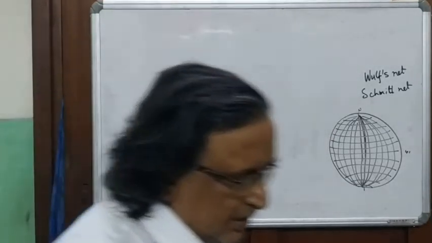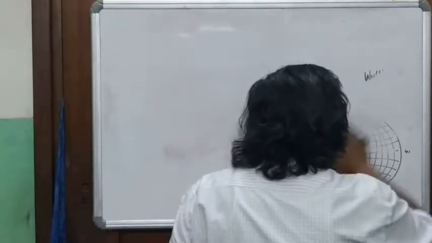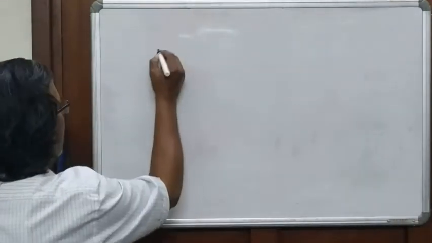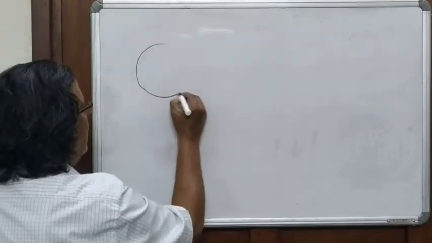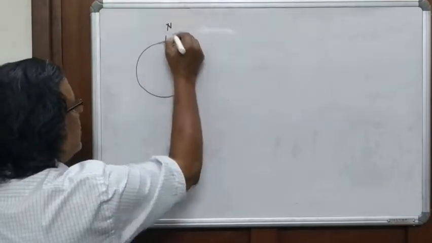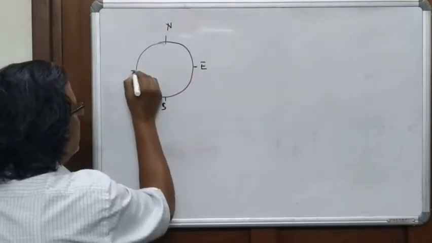You read about it, and I will tell you a little bit of the basics here. Now, very simple things first. As I told you, the stereo net is projected on a horizontal plane. So this is north, this is east, this is west, this is south.